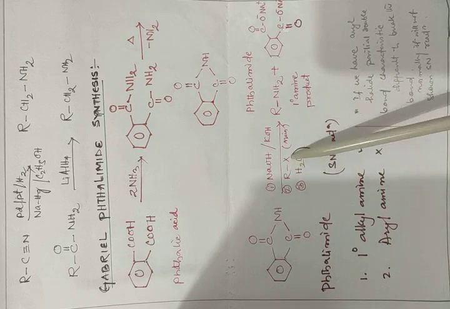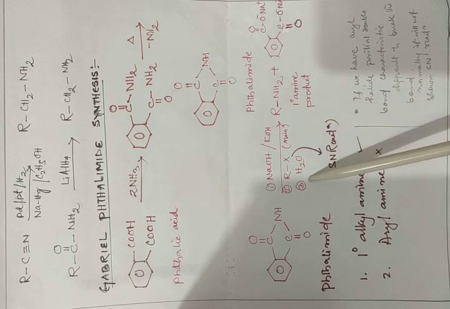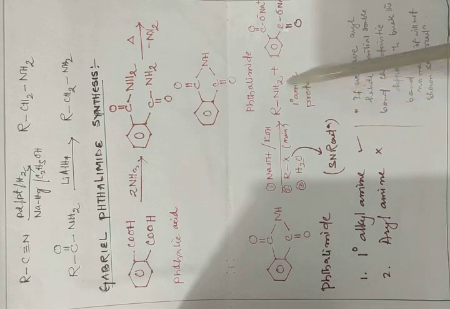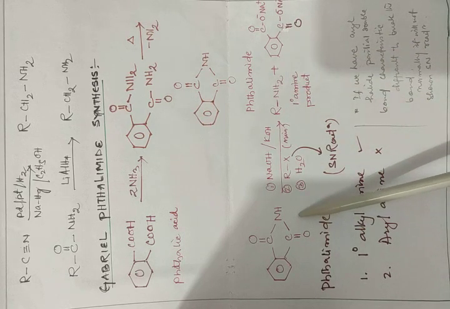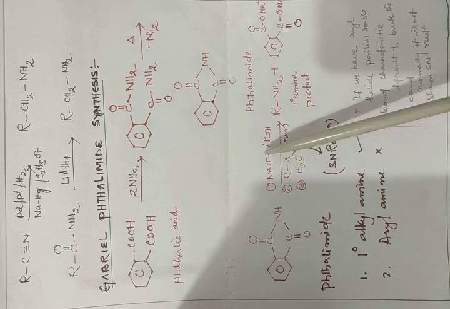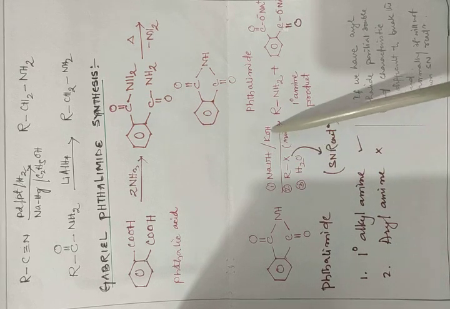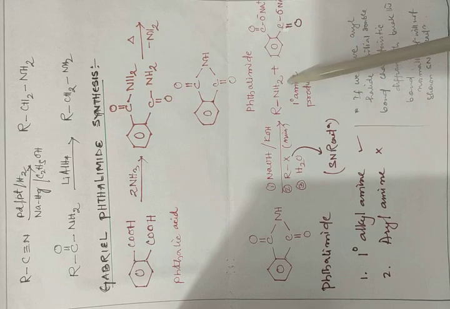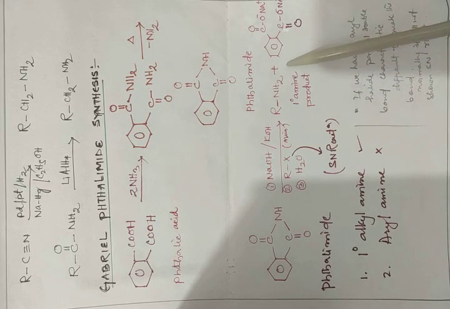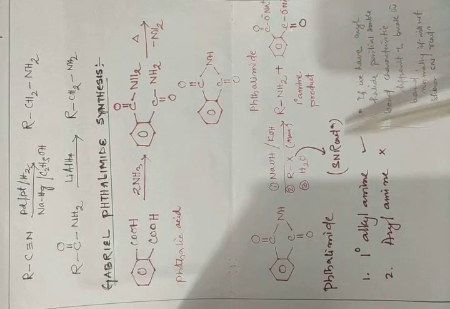If we are using alkyl halide, then we have to do hydrolysis, and we will get primary amine. That means this phthalimide, by using sodium hydroxide or potassium hydroxide, gives the amine product along with a side product, sodium phthalate.